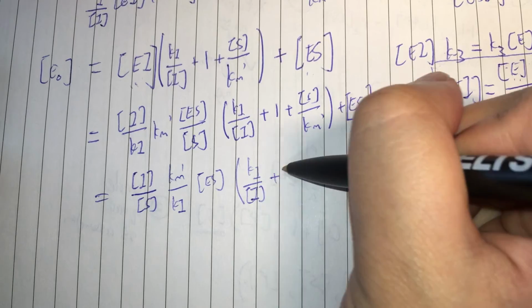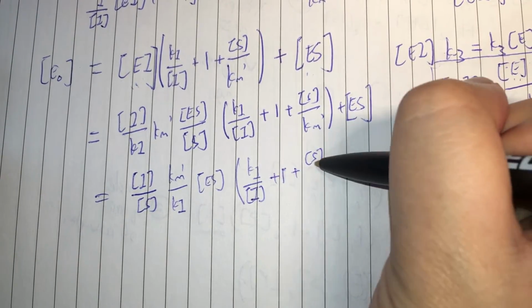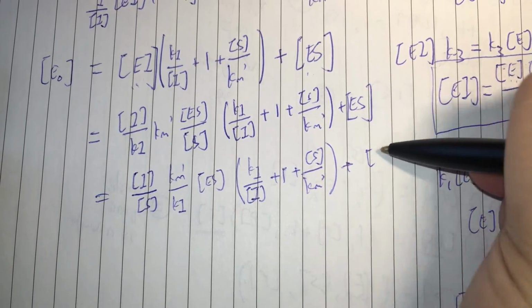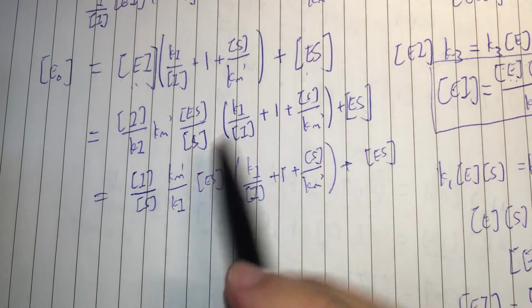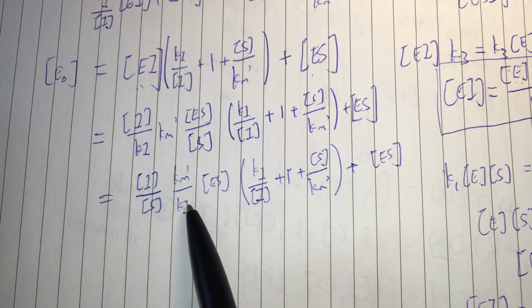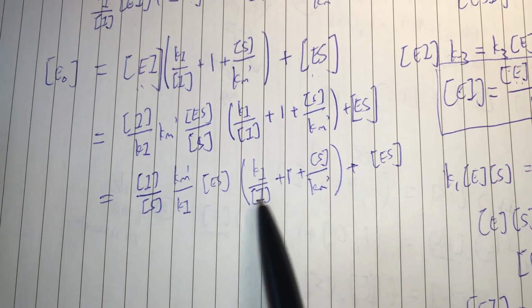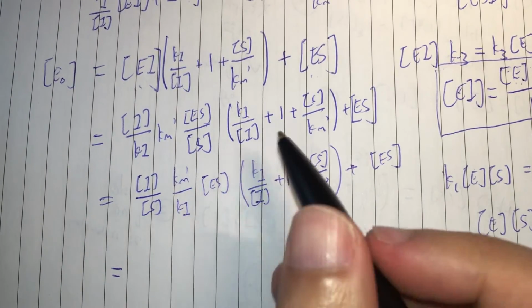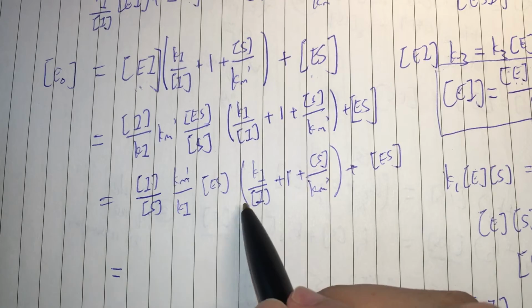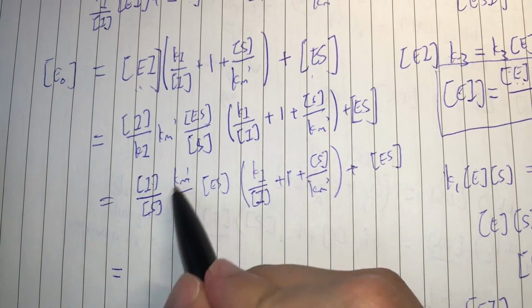So we have Ki over I plus 1 plus concentration of S over Km prime close plus ES. So I just want to make it a bit easier for us to see. Okay, so let's multiply this into the first term here. Multiply this into the first term, this will cancel this out, and this will cancel this out.